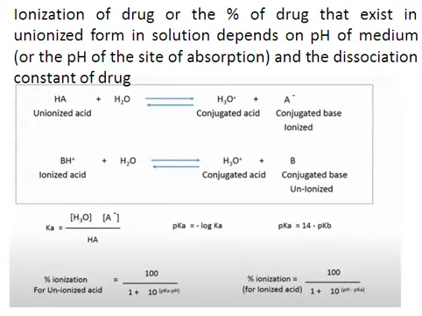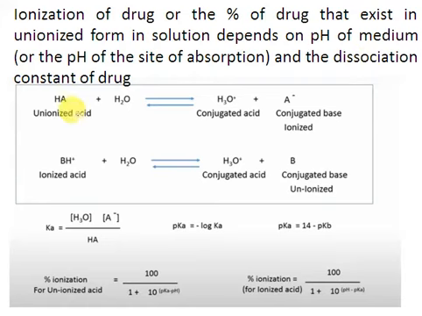Now, the ionization of the drug, or the percentage of the drug that exists in unionized form, depends on the pH of the medium, or since we are considering the biological system, it is dependent on the pH of the site of absorption, and it also depends on the dissociation constant of the drug, right?